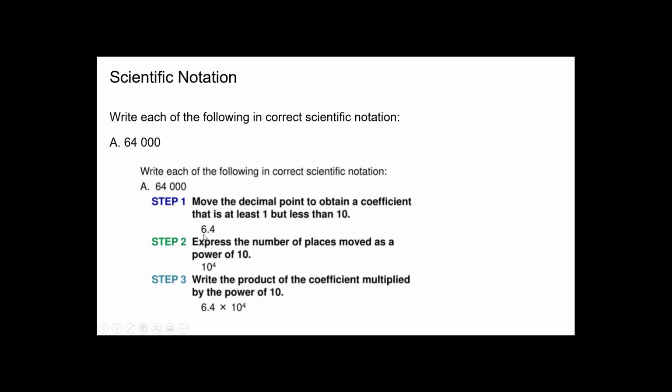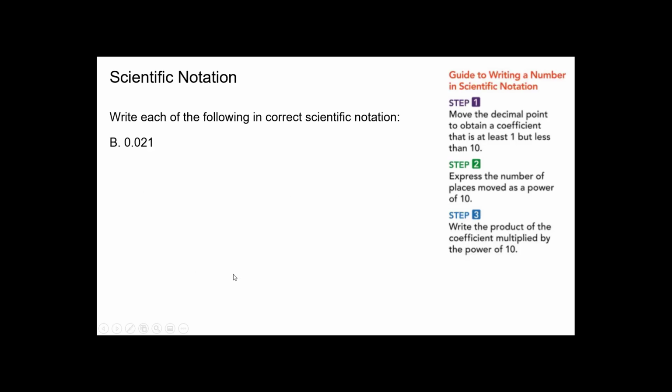So I'm going to set up my 6.4, and I'm going to set up my 10, and I'm going to add the 4. So basically, you're always going to have this portion, this times 10, and then you're going to plug in whatever's in front of the multiplication sign, and you're going to plug in an integer above the 10. So 1, 2, 3, 4. I wrote 6.4 times 10 to the 4, and that is correct.